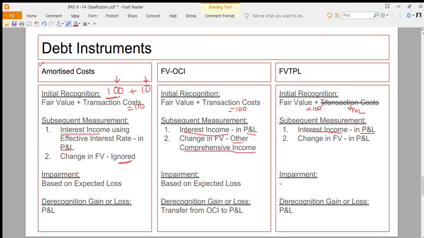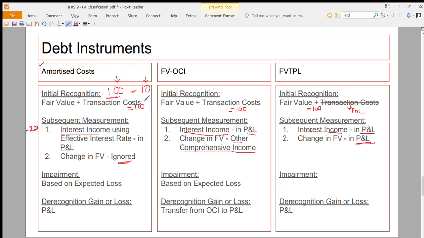And 3, if you classify an asset under fair value through profit and loss, any change in fair value goes to the P&L. So for example, let's say the reduction in fair value is $20. Okay, you think the asset that you bought for 100 is now worth $20 less.